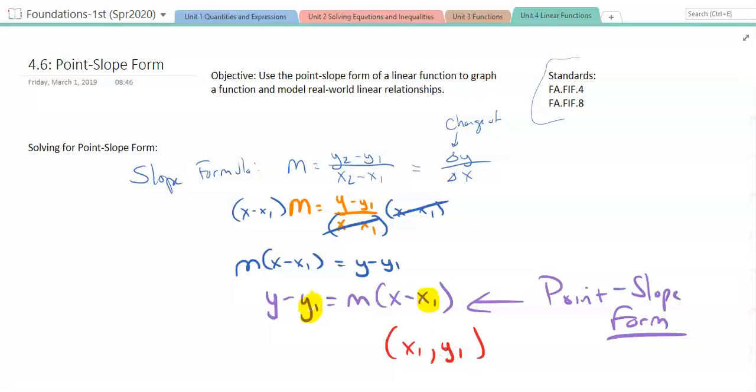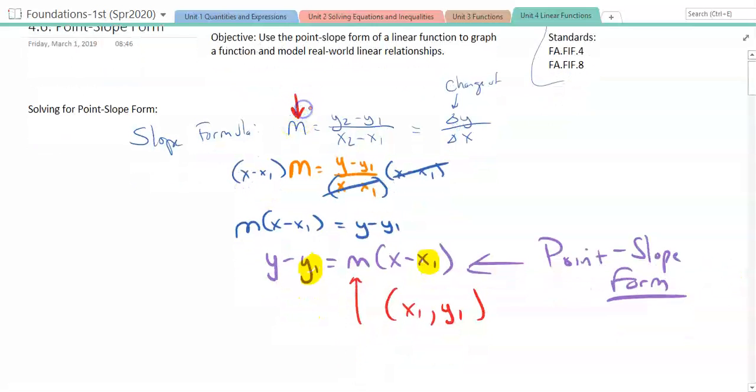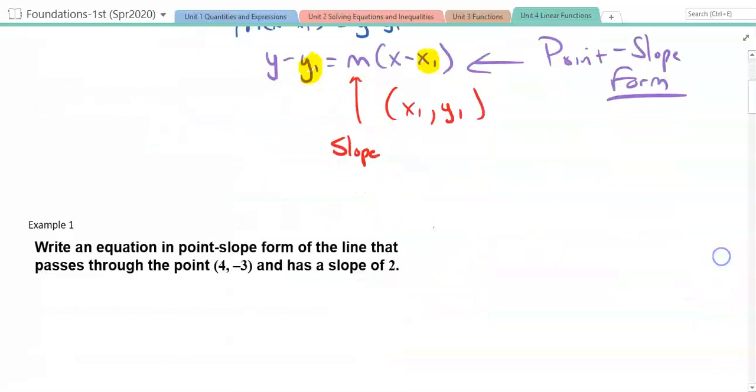It could be any ordered pair on the graph. And remember that the m stands for what? Well, it's the same m from here, so m is still the slope. And so when we look at point slope form, it's a really nice form for graphing from. And it's also a really nice form for where we have certain given information, we can write the equation very quickly. And we're going to see that with the examples that we do today.